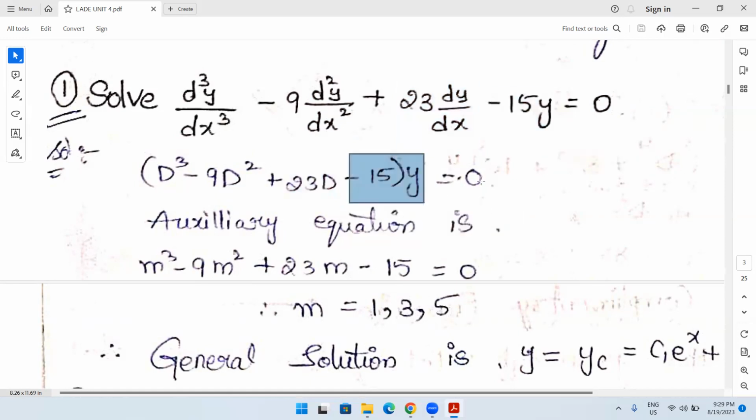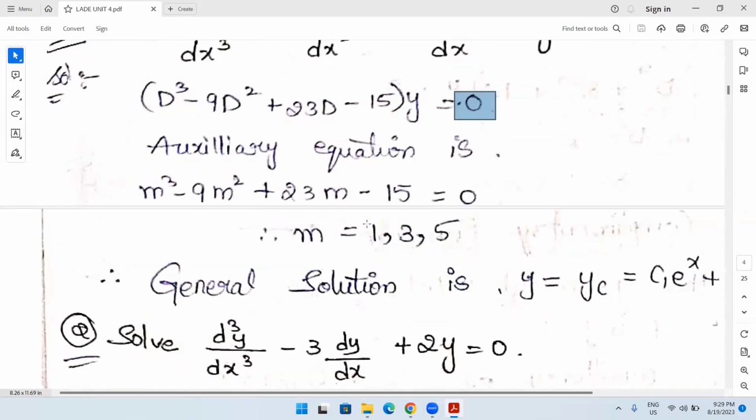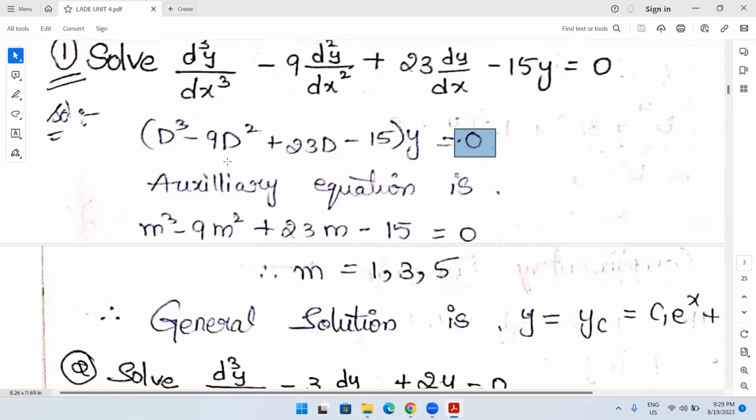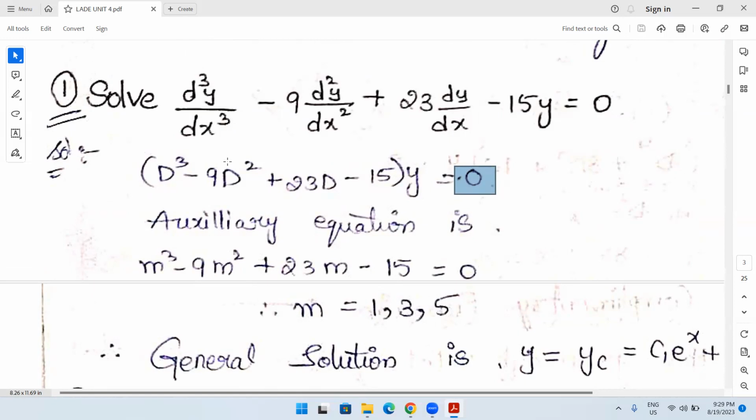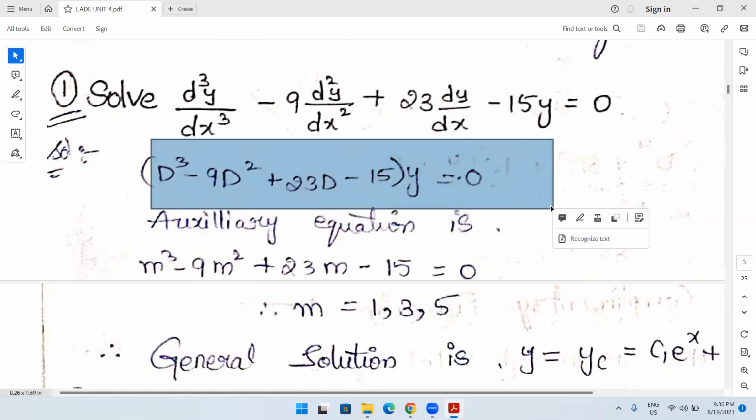So y is common, and the right hand side is anyway 0 because it is a homogeneous differential equation. The first step is to write the operator D form. Mostly they give you the operator D form only; in rare cases you get questions like this.